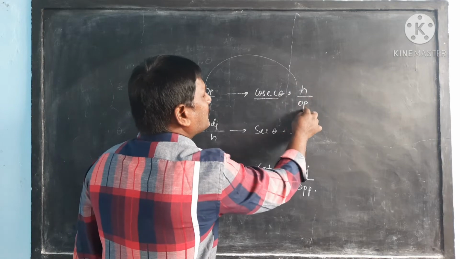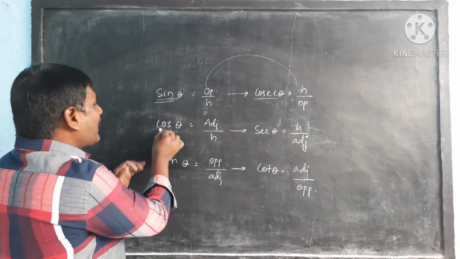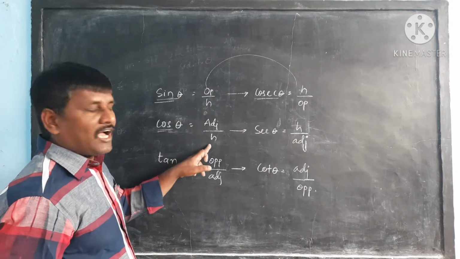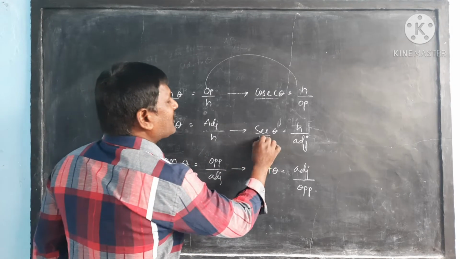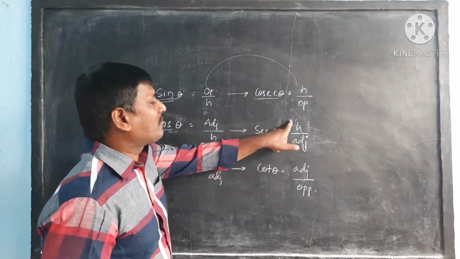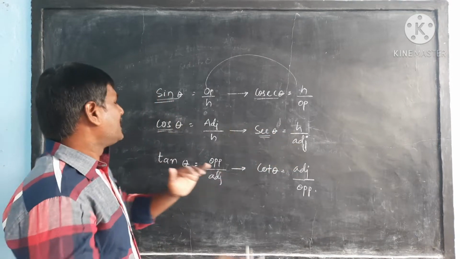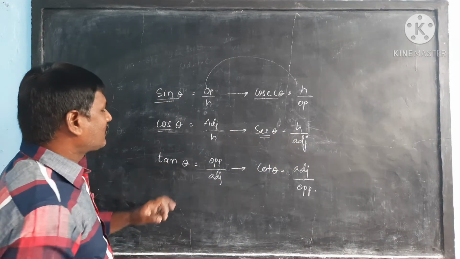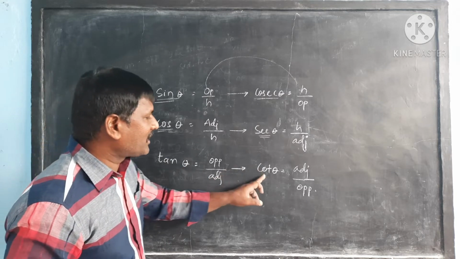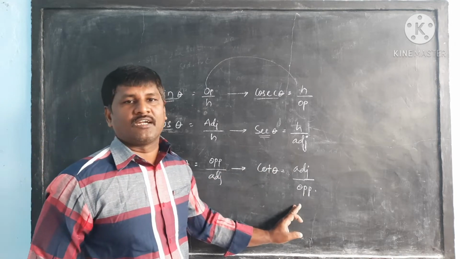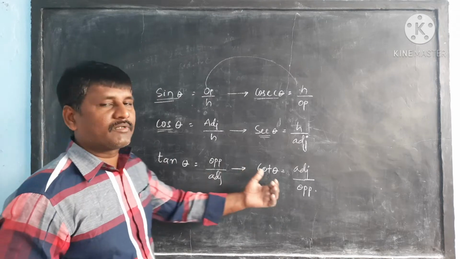Similarly, cos theta is equal to adjacent by hypotenuse, and its reciprocal is sec theta, which is equal to hypotenuse by adjacent. Same way, tan theta is equal to opposite by adjacent, and cot theta is equal to adjacent by opposite. So the reciprocal of tan is cot theta.